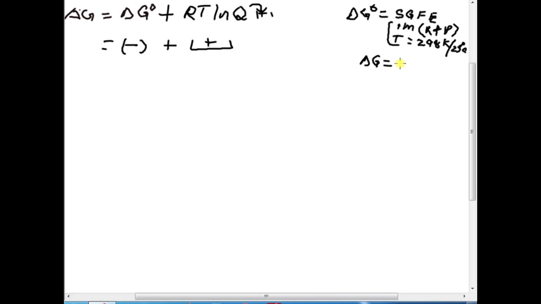If it is negative, suppose it's minus x kilojoules, it tells me that this is the amount of energy that is left for me to do work. That's it, right? And that's equated by del H minus T delta S.